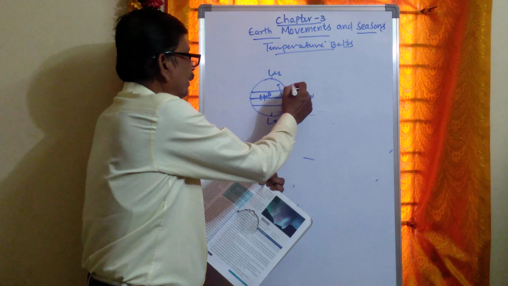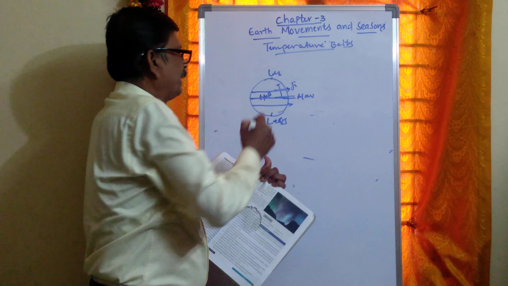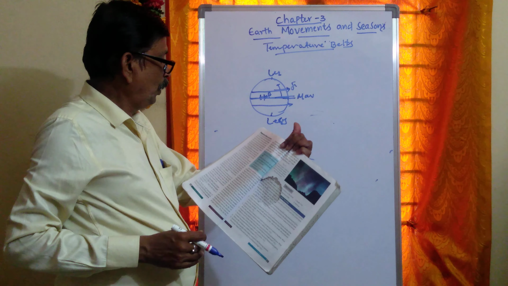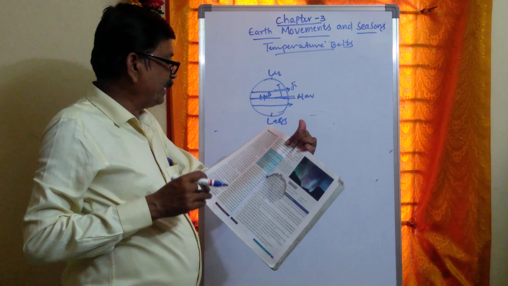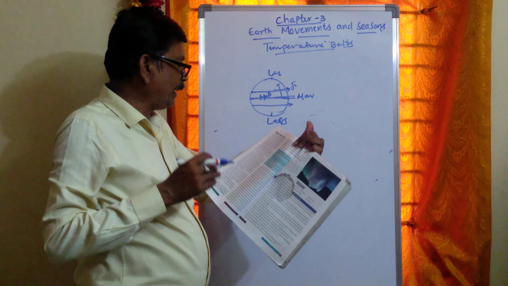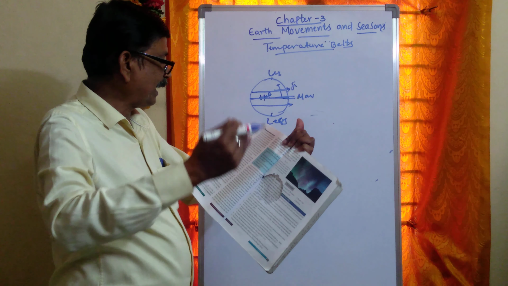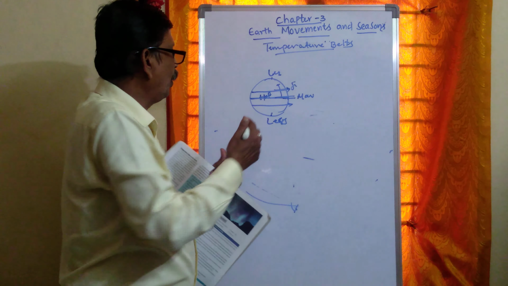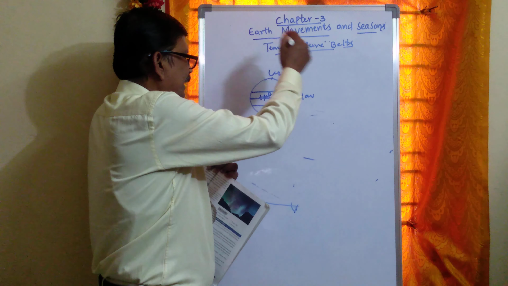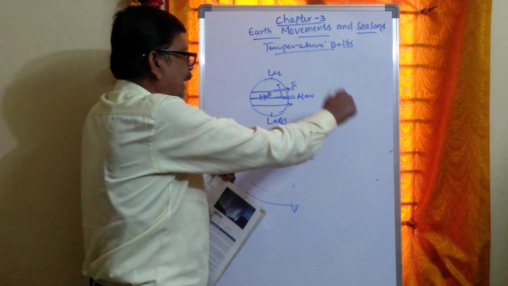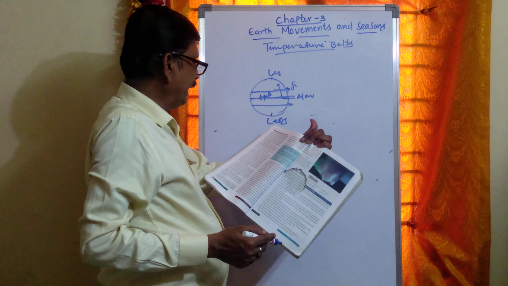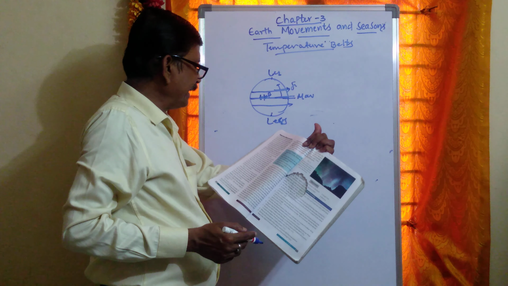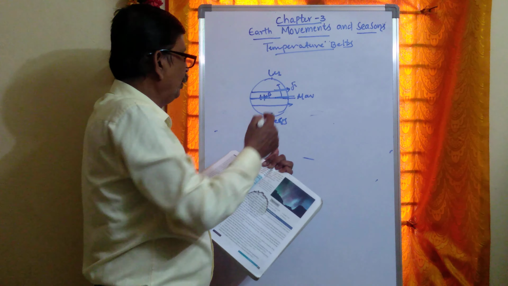While in June, the Tropic of Cancer, in the northern hemisphere, gets more sunlight. Then in September, as the earth travels further around the sun, the sun shines directly over the equator again.